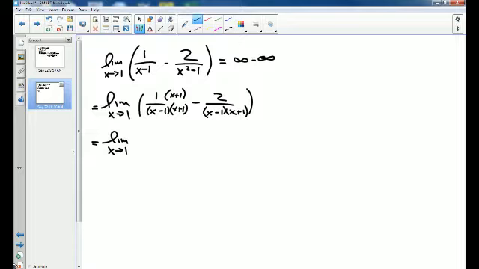What's the top going to be? x plus 1 minus 2. That is x minus 1. Guess what? We can cancel it out.